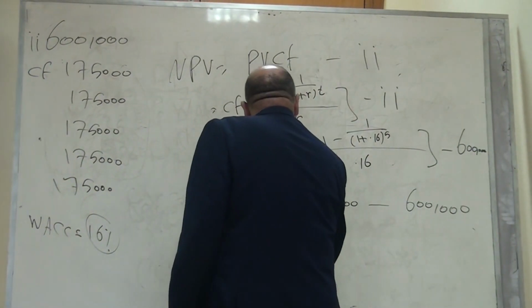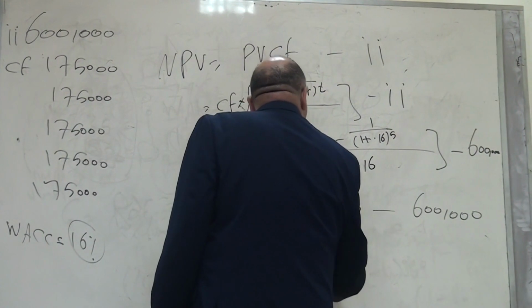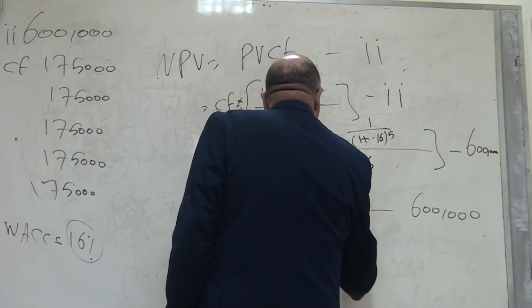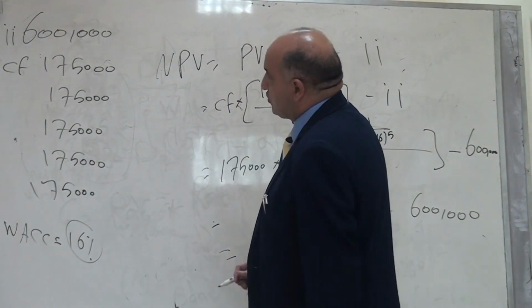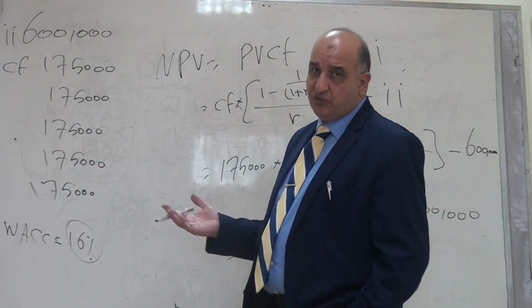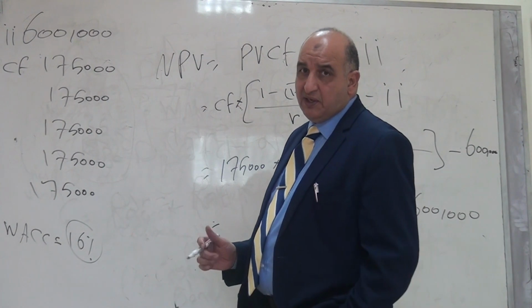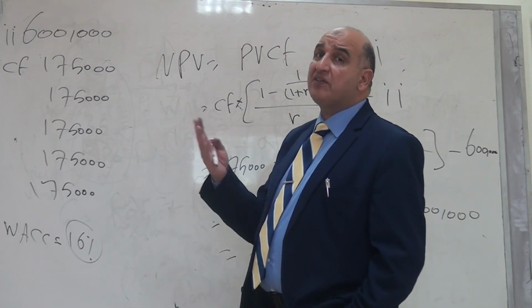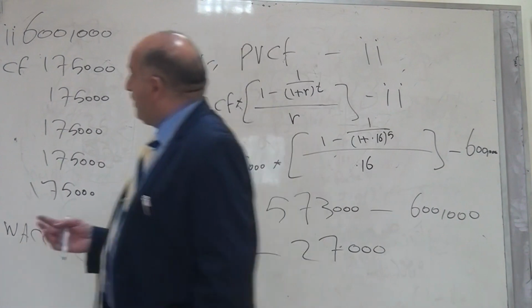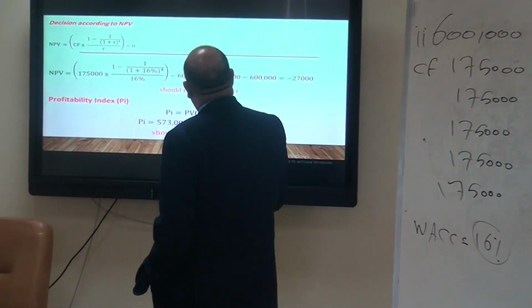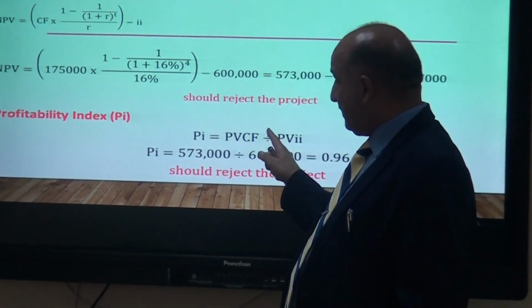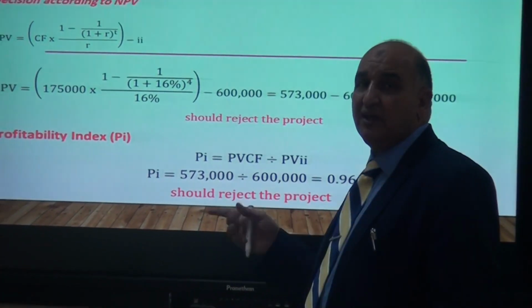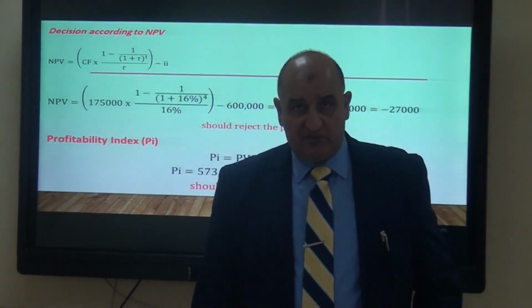It is a negative value, which equals minus 27,000. So should I accept or reject? For sure I have to reject. You can use any other criteria. If you have the profitability index, instead of deducting, you have to do what? Divide. It will be less than 1, which we have to reject.